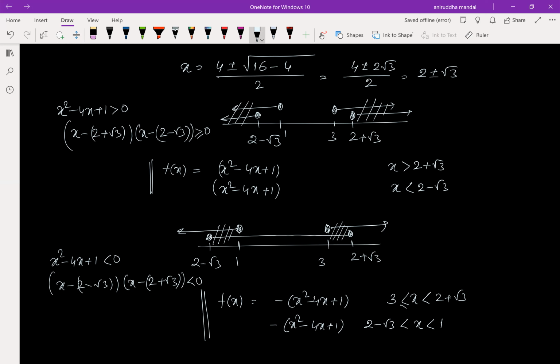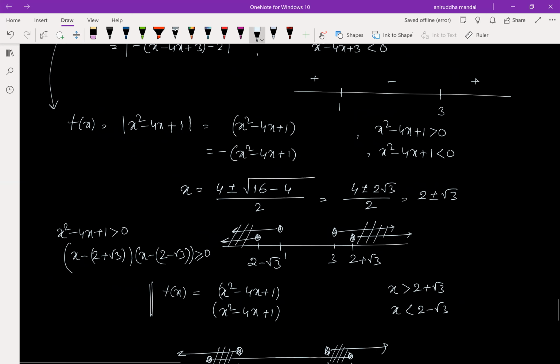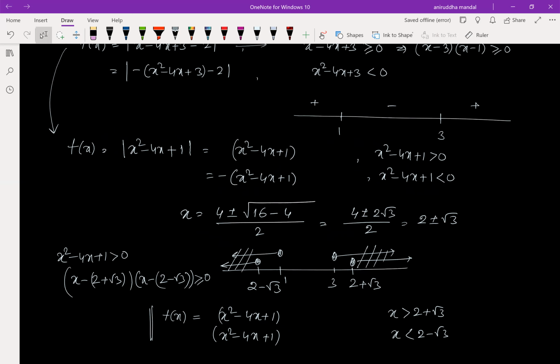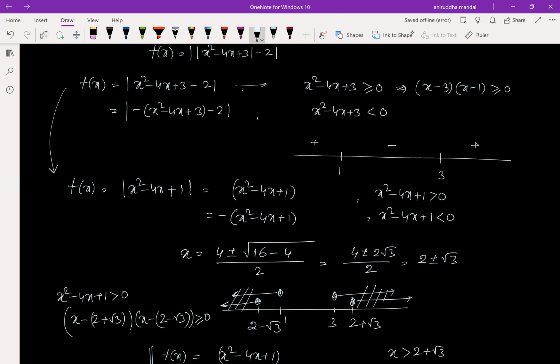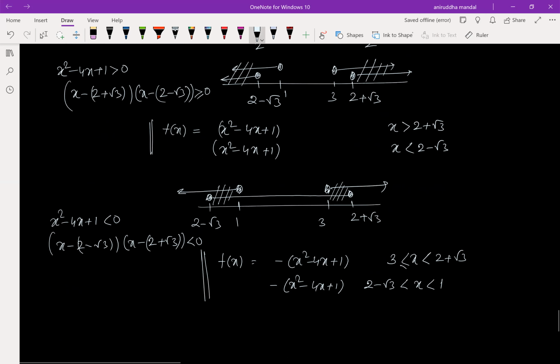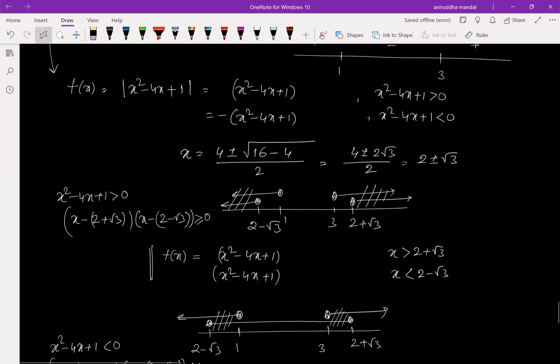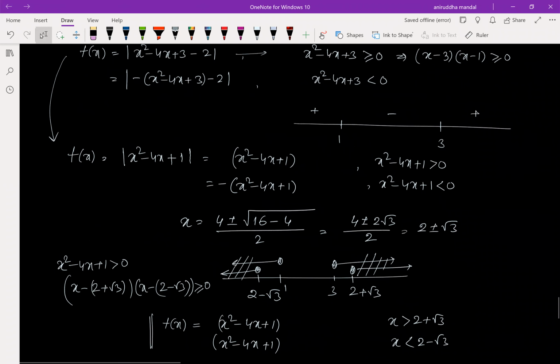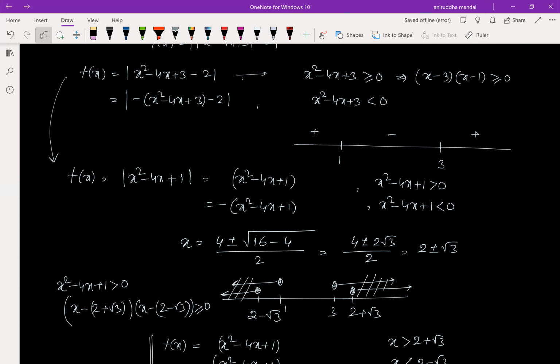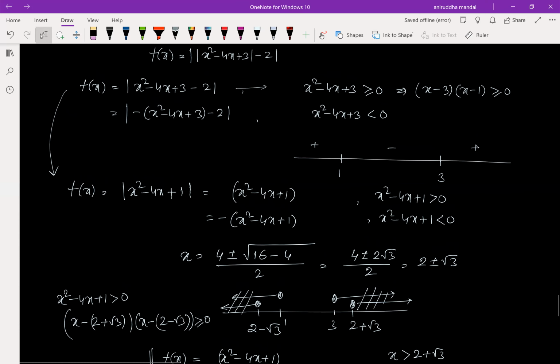Now we have to check for the less than part. Okay, so our equation is when x lies between 1 and 3. So lies between 1 and 3 means this equation.